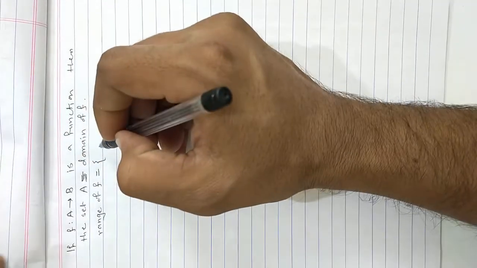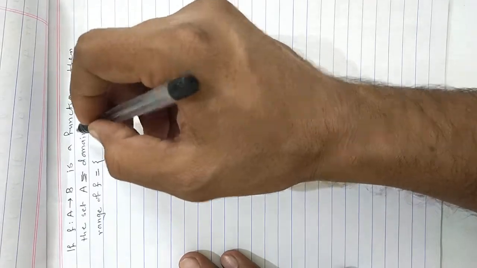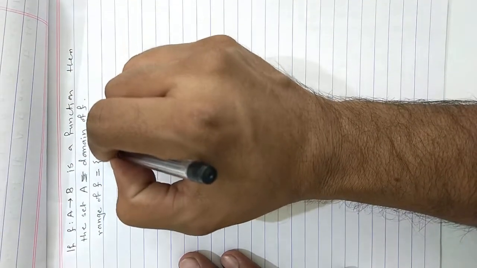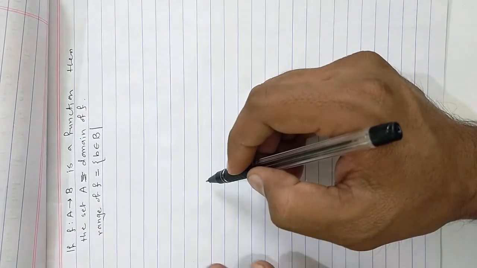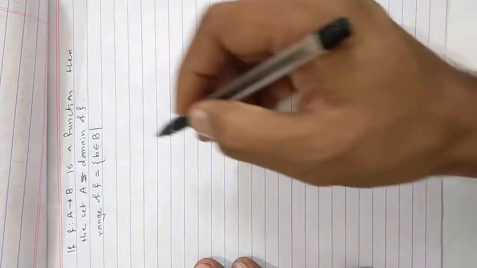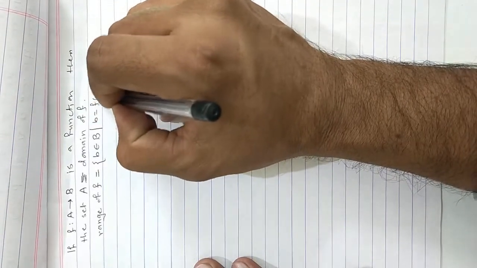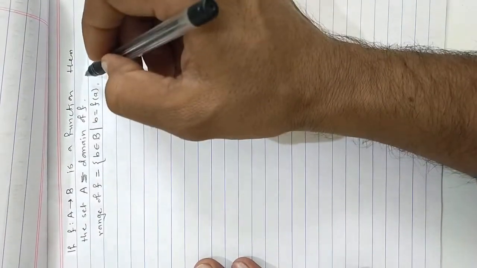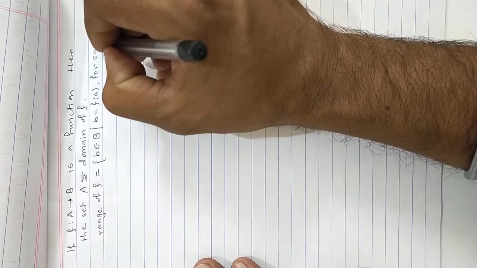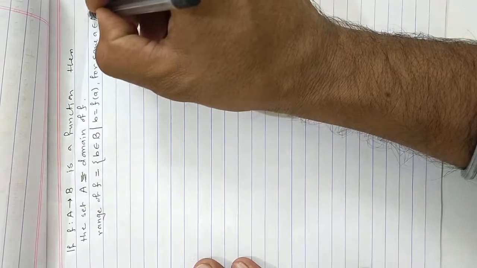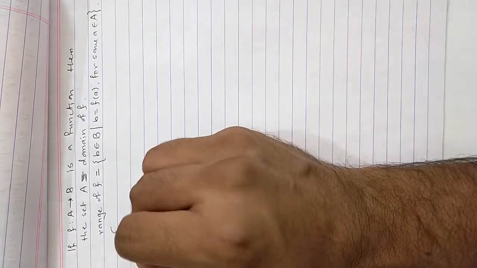The range of f is the set of possible outputs of the function. It is the collection of elements of the set of outputs which are the image of some element in the domain. What is the codomain?